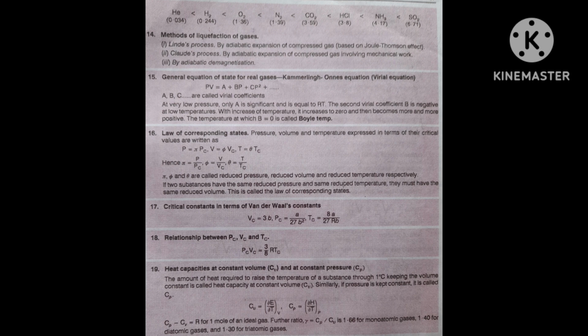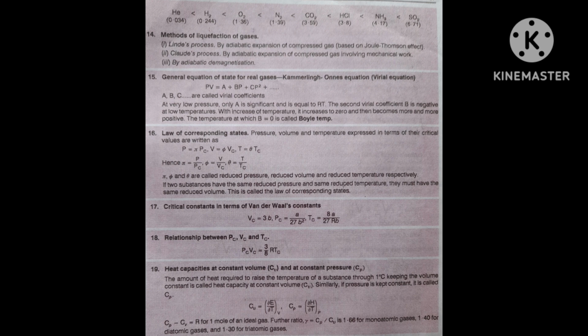In Tc, R is extra and b square becomes only b, and 8 is in the numerator. This is the difference between Pc and Tc in expression. Pc is equal to a upon 27b square and Tc is equal to 8a upon 27Rb.